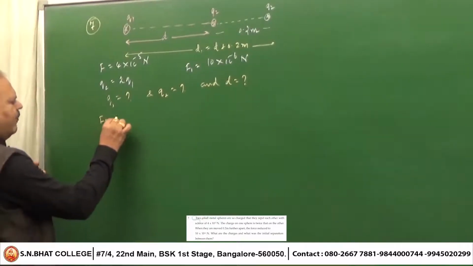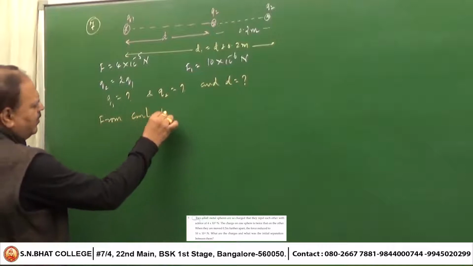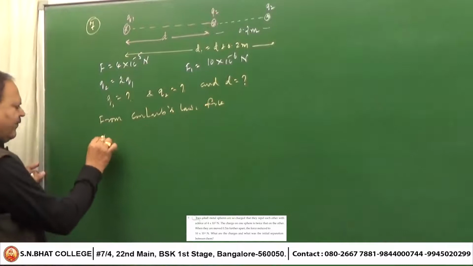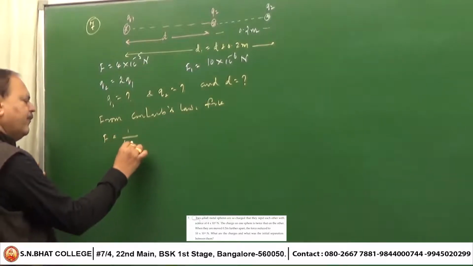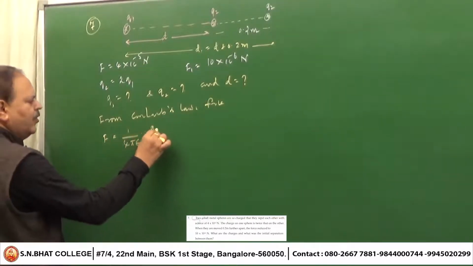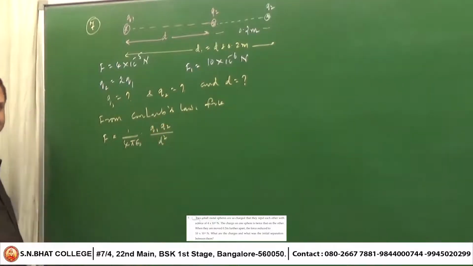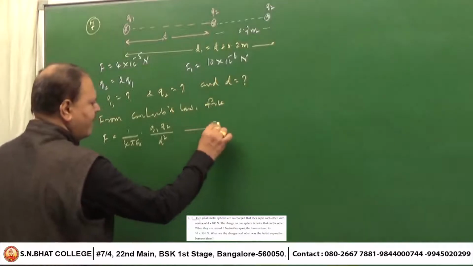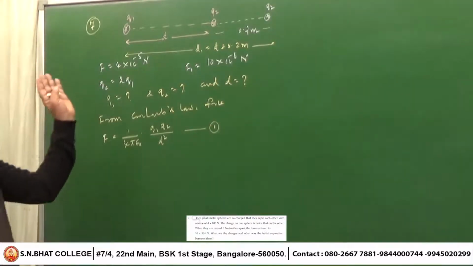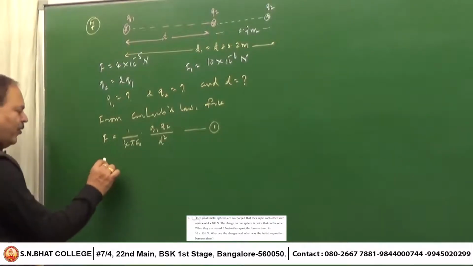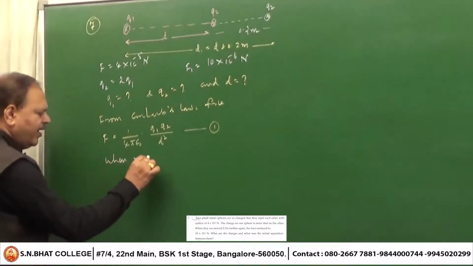So from Coulomb's law, the force between them is given by F is equal to 1 by 4 pi epsilon naught into Q1 Q2 divided by D square. This is F, which you can call equation number 1.